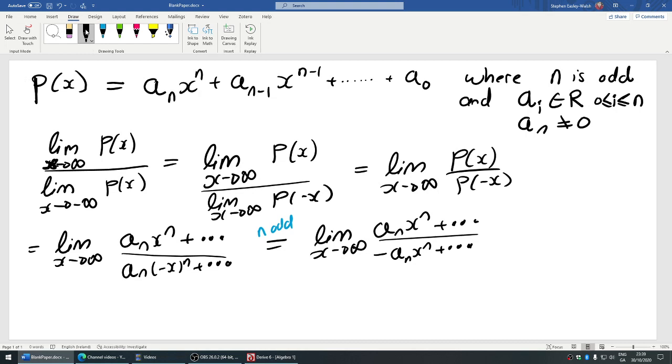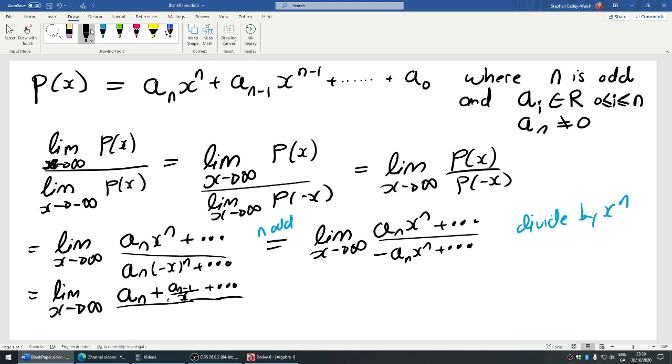If I divide each term by x^n, then this would become the limit as x goes to infinity of a_n, and then the next term would be plus a_{n-1} over x, and then x squared and so on, and then this would be minus a_n plus a_{n-1} over x, and the next one would be a minus.